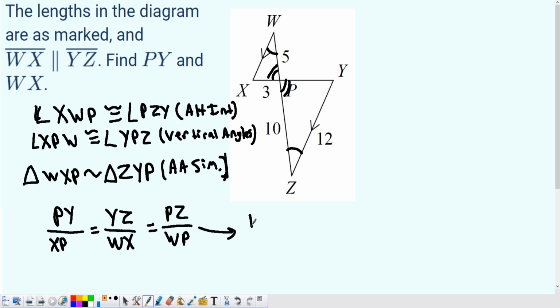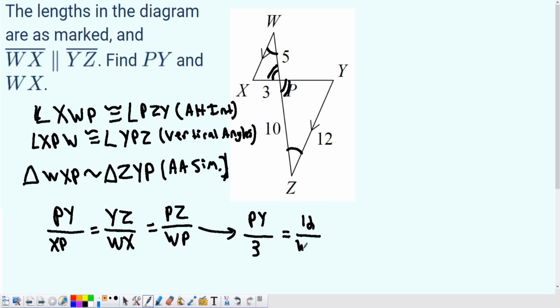Well, we're trying to find PY. That's one of the things we're trying to find. So we can't really fill anything out there. But XP, we can. It's 3. Which is equal to YZ. Well, YZ is 12. And that is over WX, which is an unknown.